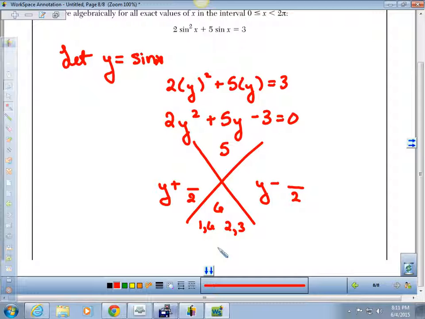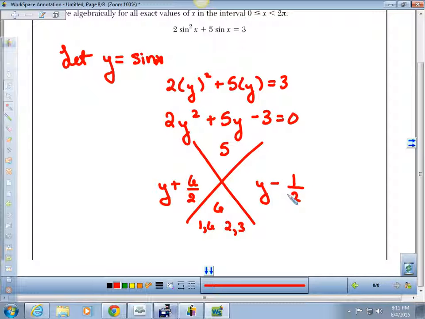They both do an operation to give me 5. One of them adds to give me 5, the other one, which one do I need? I need the subtraction one. Why? Because it's a minus 3 again. So which one subtracts to give me 5? Positive 1, negative 6, or positive 6, negative 1? Positive 6, negative 1.